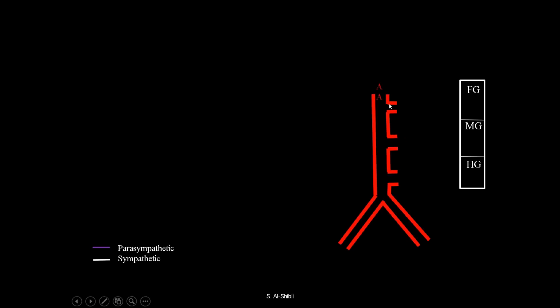These are the 3 branches: celiac, superior mesenteric, and inferior mesenteric artery. Please open your mind with this slide because it is so important to understand the nerve supply of the whole abdomen. Of course, we have here the superior hypogastric plexus and inferior hypogastric plexus.